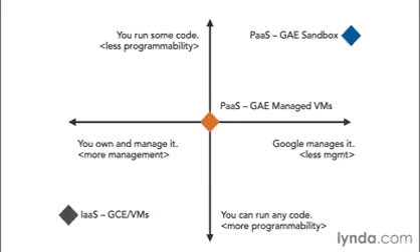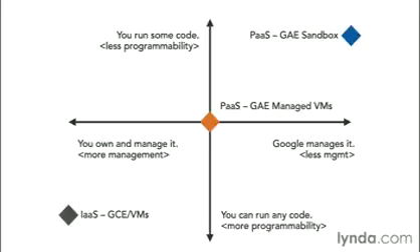Of course, if you go up and down on the scale, with the top being you can run certain code, so less programmability, and the bottom meaning you can run any code, any binaries, any type of code you want, more programmability, then GCE is the service where you will have the most control in terms of management and you will have the most control in terms of programmability.